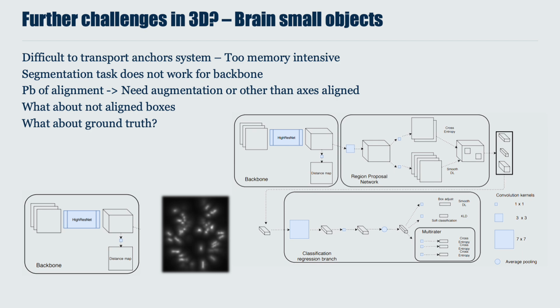So here it's an example of trying to segment or trying to detect enlarged perivascular spaces. The backbone was actually trained by, instead of running directly a segmentation network, running a regression network that was actually trying to regress the distance to these different elements that are very small and very sparse in the brain. Then a classical region proposal network.